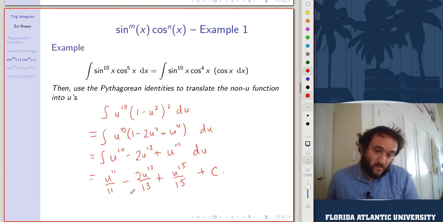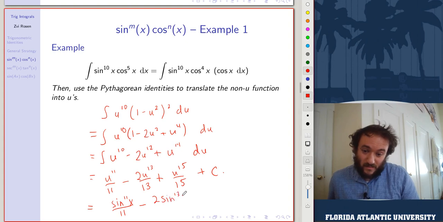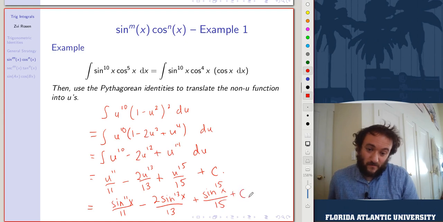Okay, so obviously our problem was originally posed with x's, so we need to convert back using our u substitution. So this is sine to the 11th x divided by 11 minus 2 sine to the 13th of x divided by 13 plus sine to the 15th of x divided by 15 plus c.